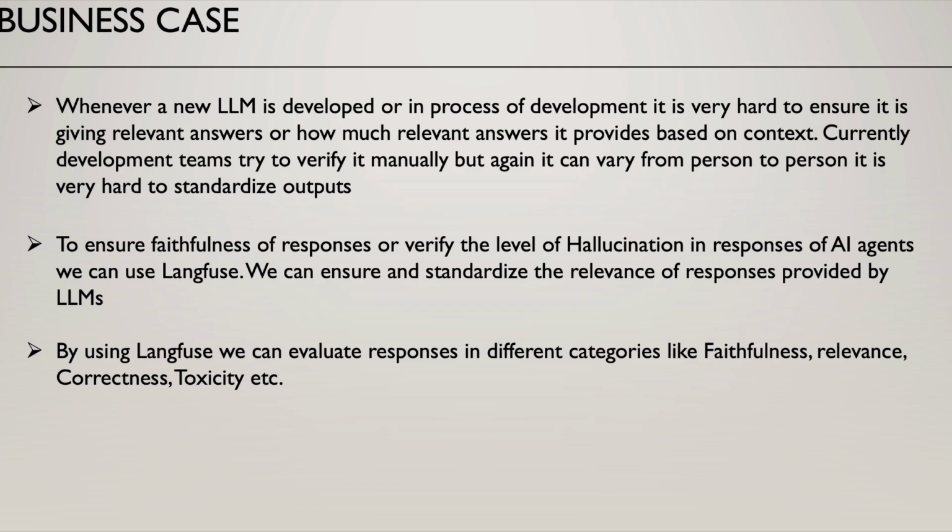So it's not easy to standardize the outputs, whether whatever we are receiving from the LLM is correct or not, and how relevant it is. Instead of saying correct, we should say how relevant it is. So we should try to identify how we can do it, because manually it's very tough.